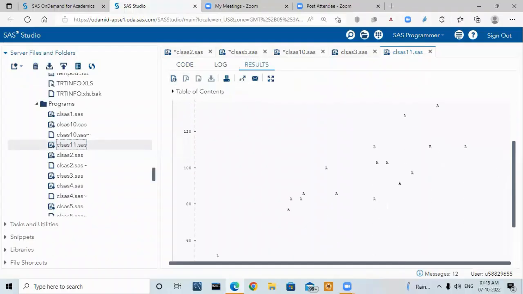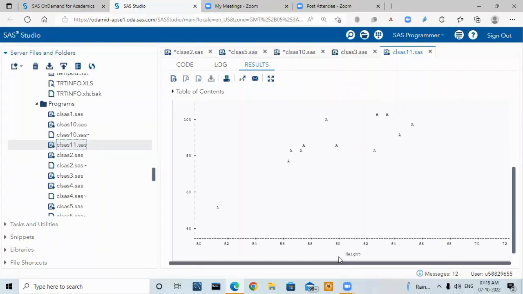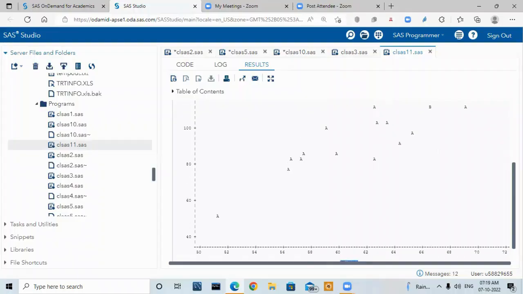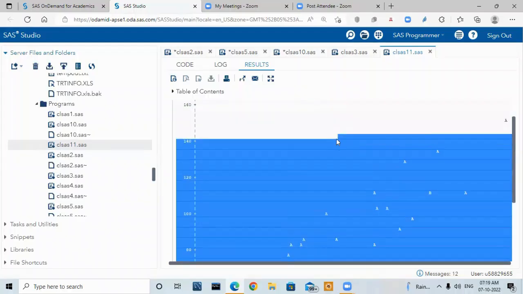Here the relationship is a little organized. With the increase in height on the x-axis, is the weight increasing or not? The weight is increasing.